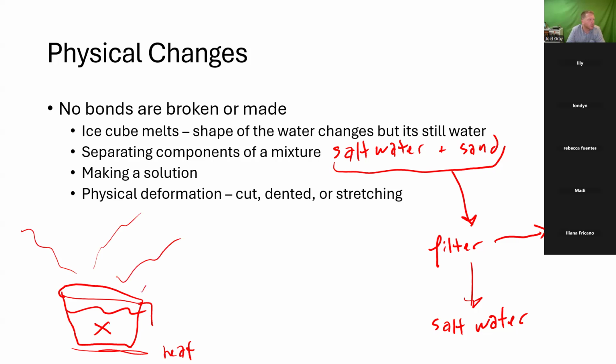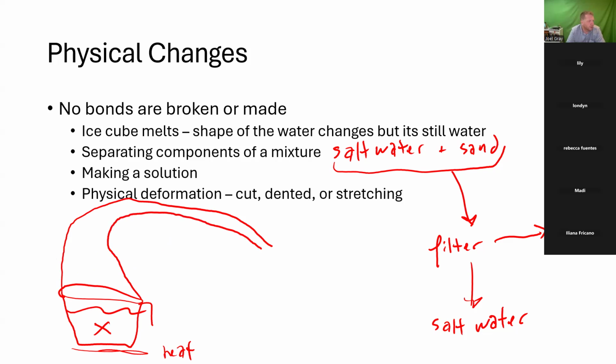Nice. Okay. Now, what if I were to put like a top on this, kind of like a dome, and then I were to put, okay, so I've got this glass dome.